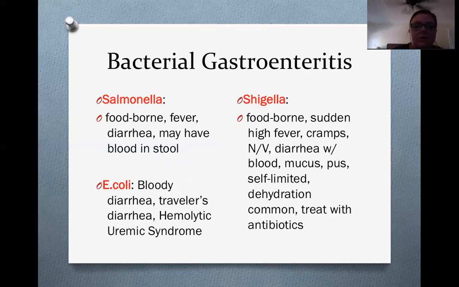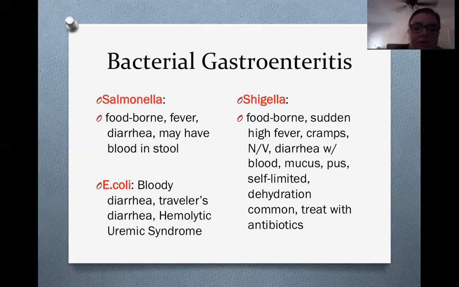E. coli, I wanted to point out that one of the main concerns with E. coli bacterial gastritis is hemolytic uremic syndrome. This occurs a week or two after having this horrible E. coli stomach infection that finally goes away, and then after you clear up the E. coli, there's an autoimmune type response to the kidneys, and you can have this Coca-Cola colored urine, with acute visible blood in the urinary output.